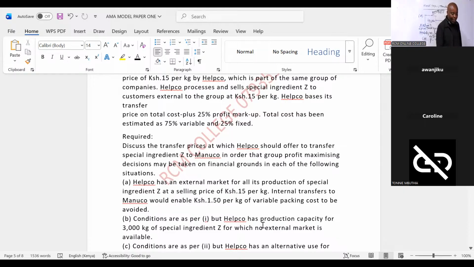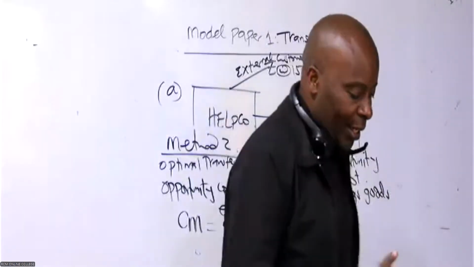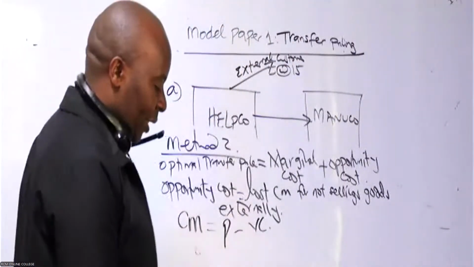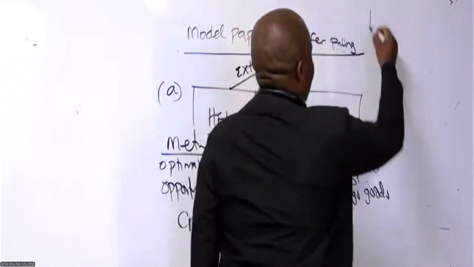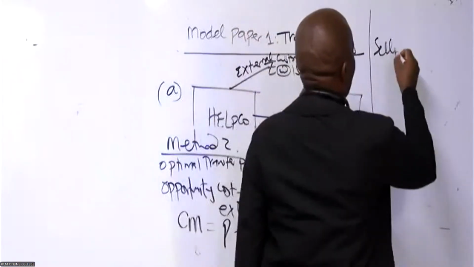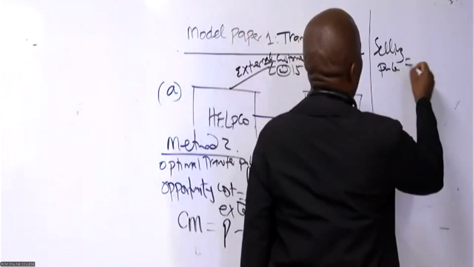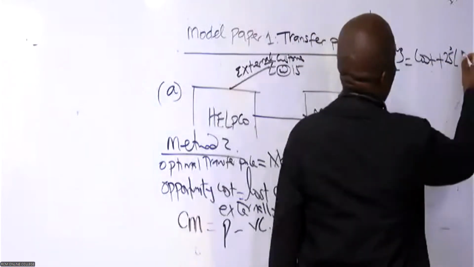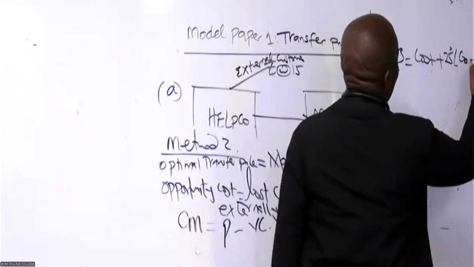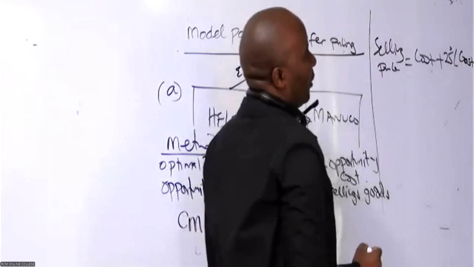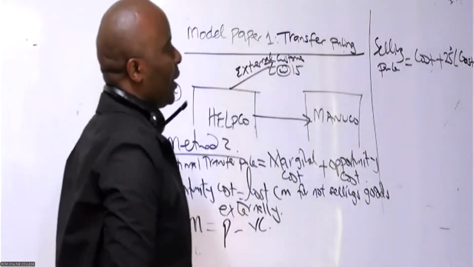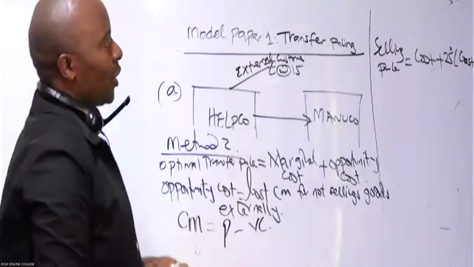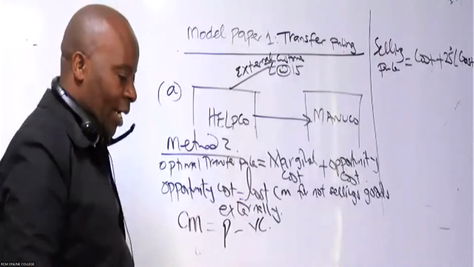Anytime we are getting a selling price, we take the cost plus 25% markup on cost, the cost that we incurred.